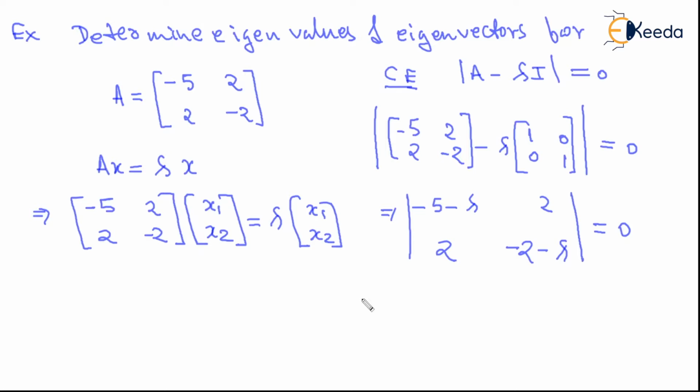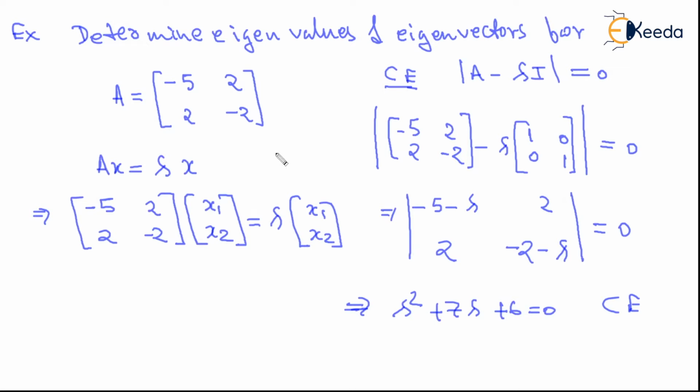This gives a polynomial equation in terms of lambda of order 2. The equation will become lambda square plus 7 lambda plus 6 equal to 0. This is your characteristic equation, a polynomial of order 2 in terms of lambda. You can see if the matrix is of order 2, you can expect a polynomial equation of order 2.